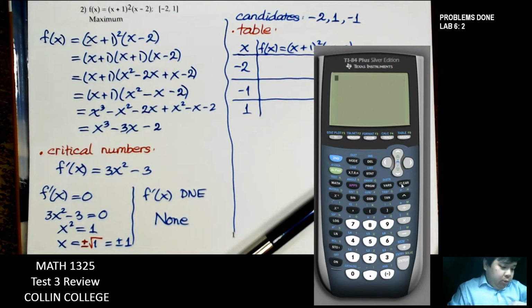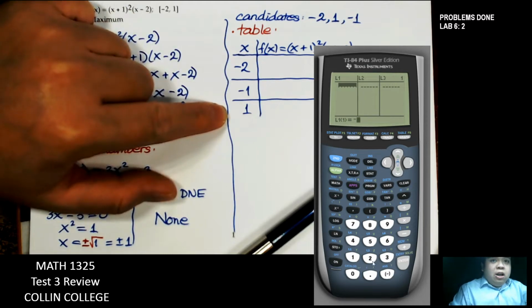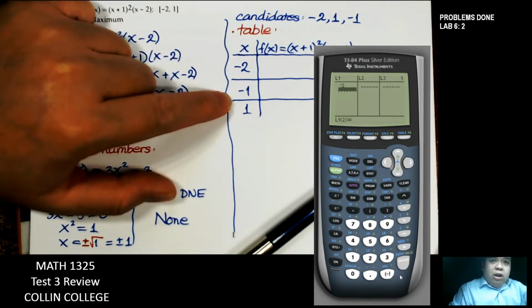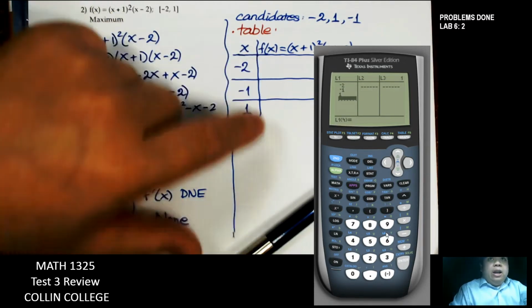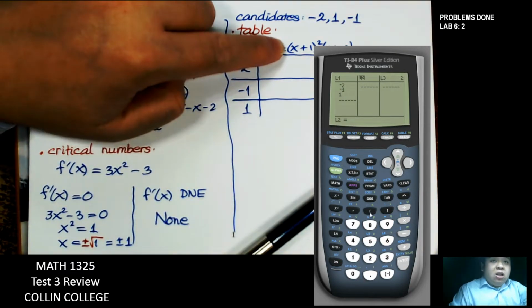Right. So we'll go to the list. Hit stat, and the first one, edit, hit enter. Those are the numbers: negative 2, negative 1, and 1. And then the function. Be very careful on this one. We have to highlight the list 2, L2, and then we enter this, but instead of x, it's going to be L1.